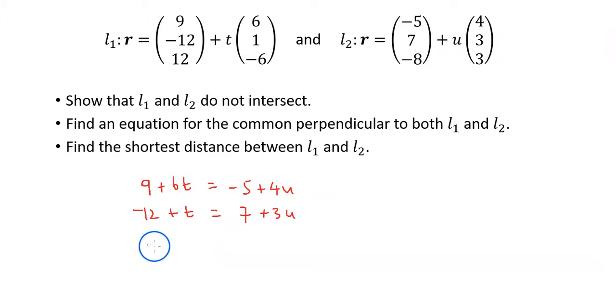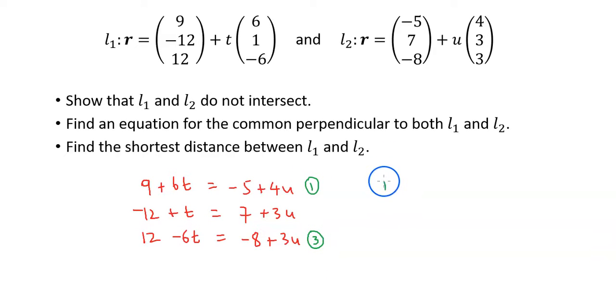And we would have 12 minus 6t is equal to negative 8 plus 3u for some value of t and u. So we have to show that there are no such t and u to make that true, just because of the convenience of negative 6t and positive 6t.